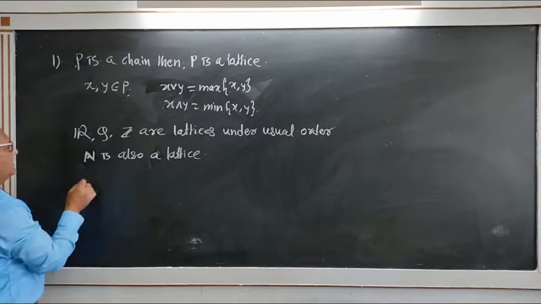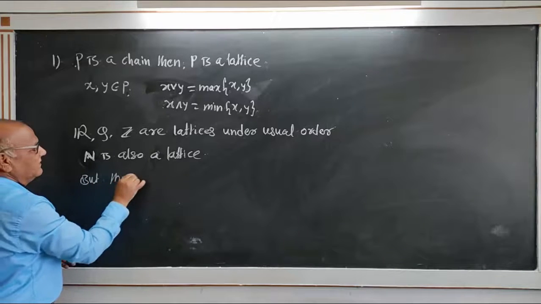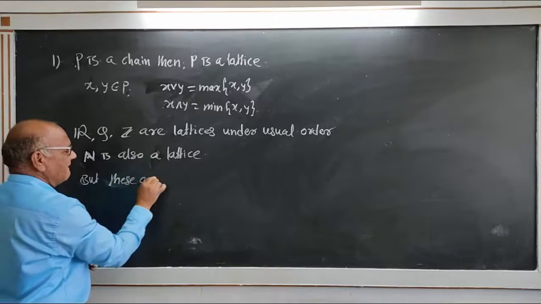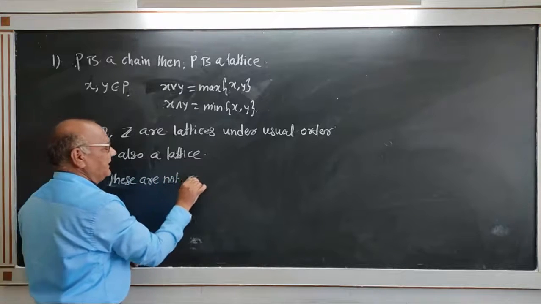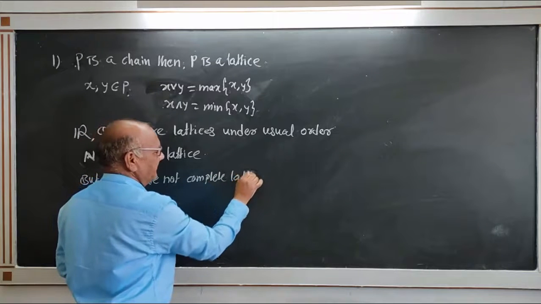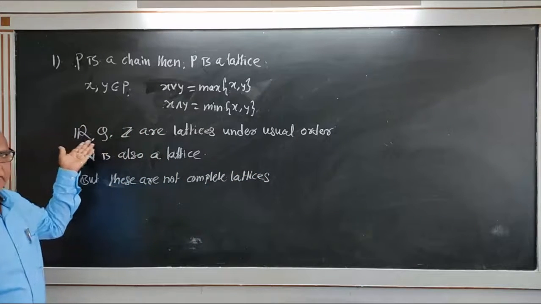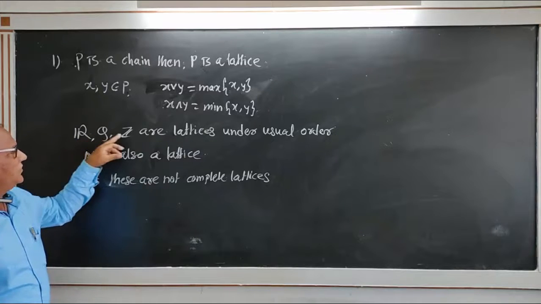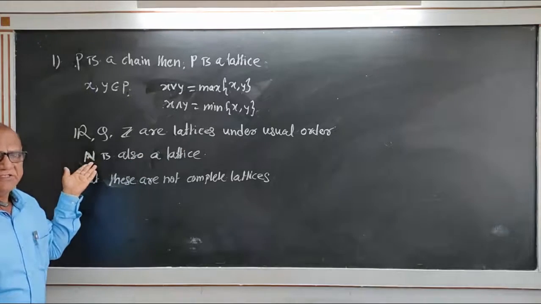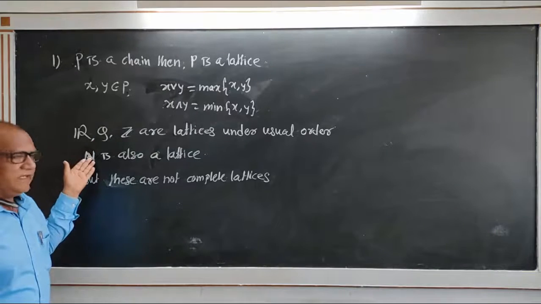But these are not complete lattices. These are lattices because R, Q, Z, N are chains and every chain is a lattice, and so these are lattices.